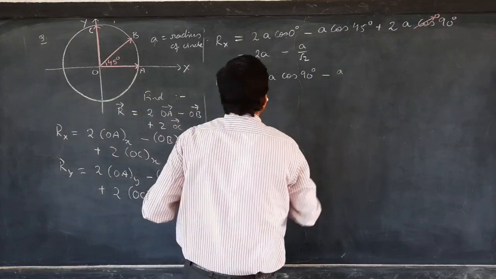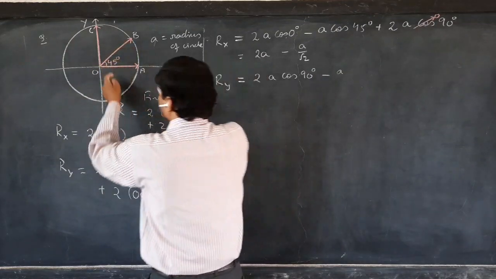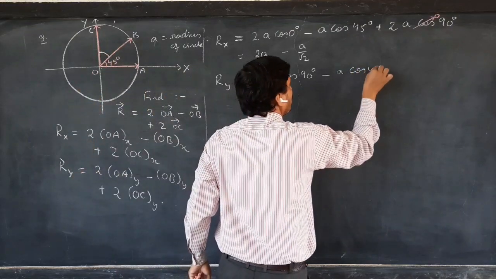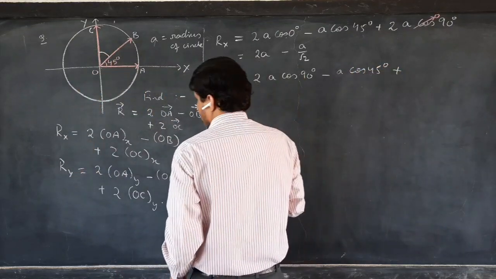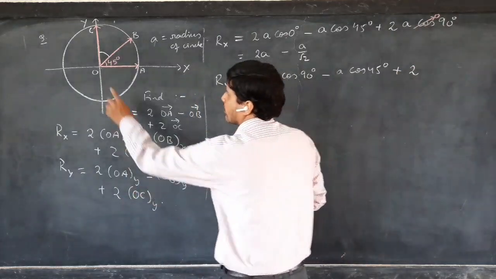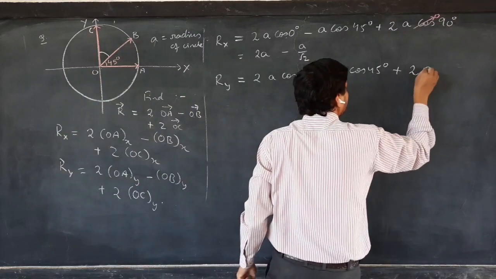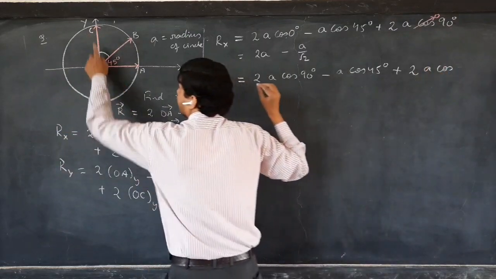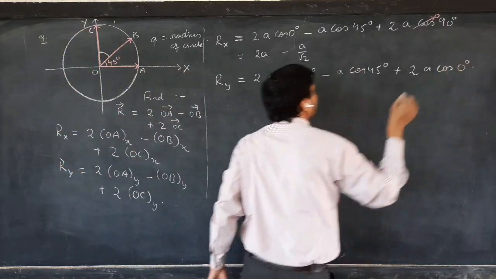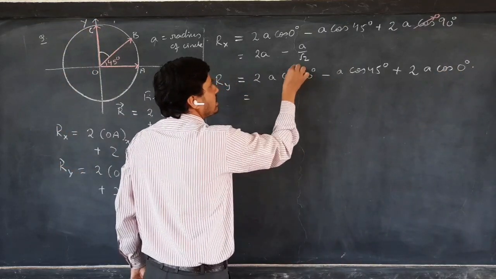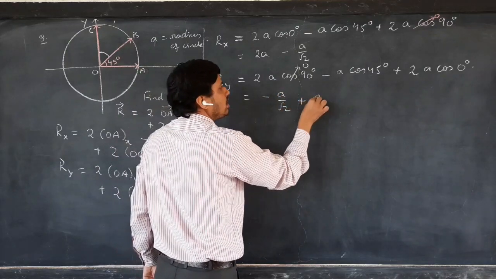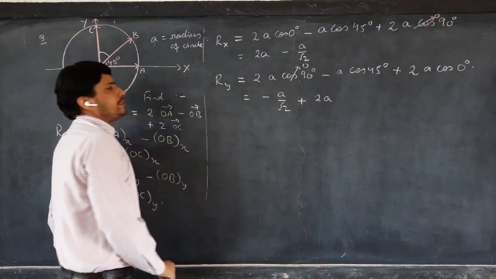The magnitude of OB vector is a, and this vector makes a 45-degree angle with the y-axis, so this again becomes cos 45 degrees, plus twice the y component of OC vector. So OC vector magnitude is a, and it makes a 0-degree angle with the y-axis, so this will become cos 0 degrees. Solving, cos 90 becomes 0, so this becomes minus a upon root 2 plus 2a.